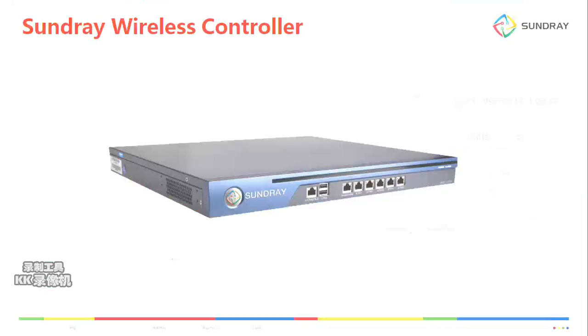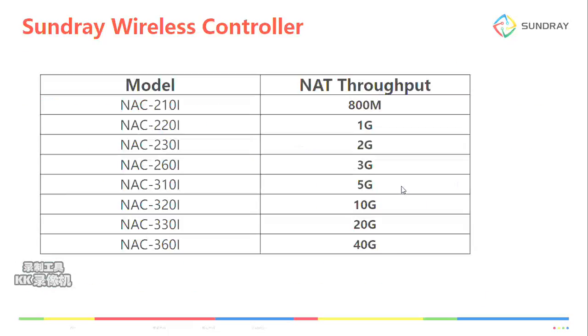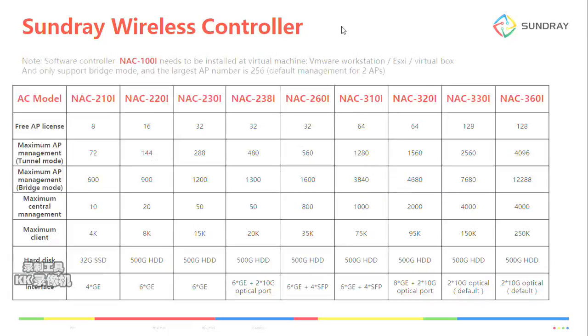Next we go to the controllers. So this is the hardware of the controllers. We have the console port, USB port, the management port, and the other business ports. And here are the specifications. In every new firmware we have one software controller.